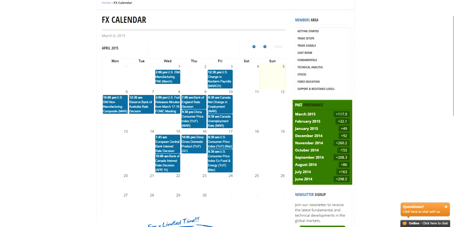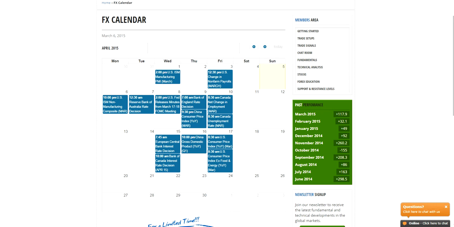However, the comments following the actual release of the expected unchanged is likely to stir some volatility in the British pound crosses. Also on Thursday we have the Chinese Consumer Price Index, that's expected to come across as well. And then Friday, ending off the week with Canadian change in employment as well as the unemployment rate.